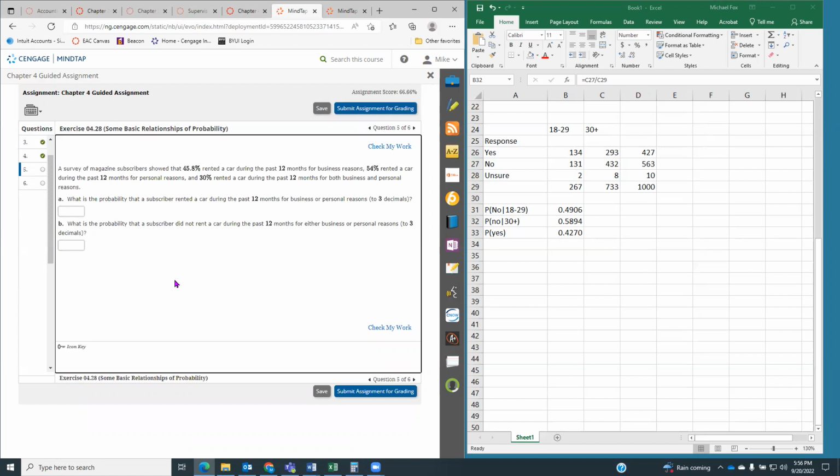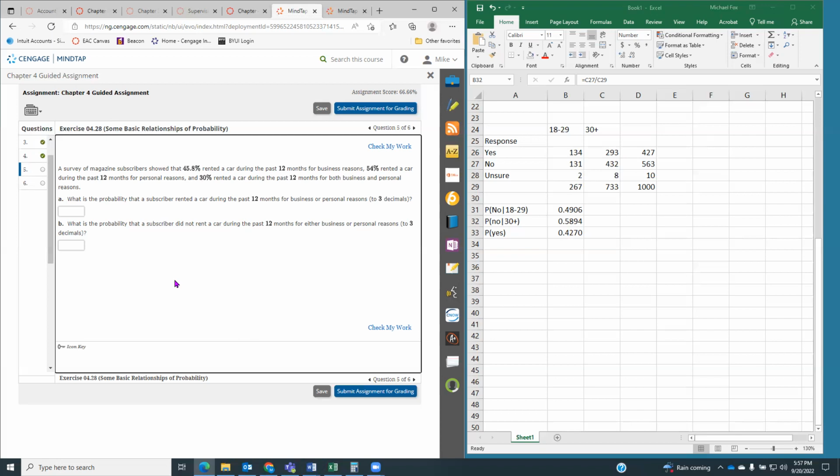What that means is that there's some overlap between these two groups, right? That 45.8% of people for business, and 54% for personal, and then 30% for both.